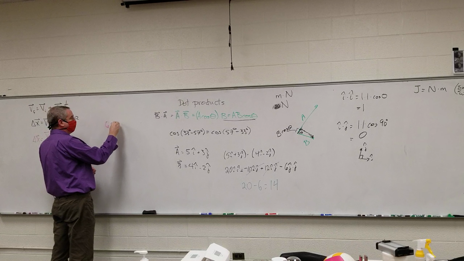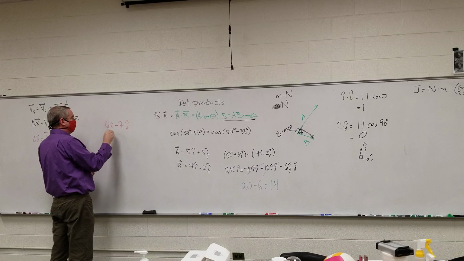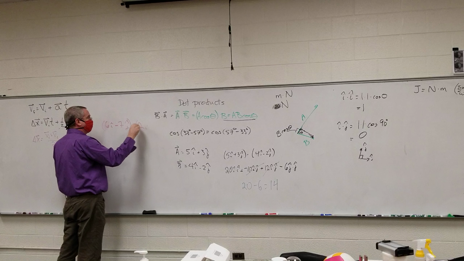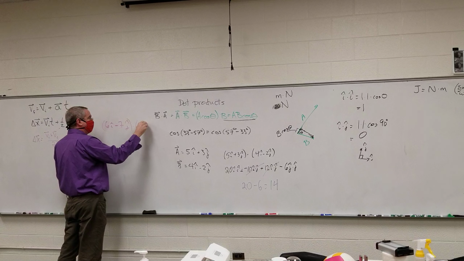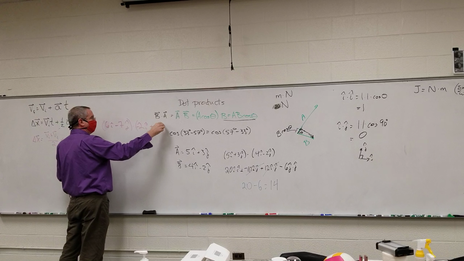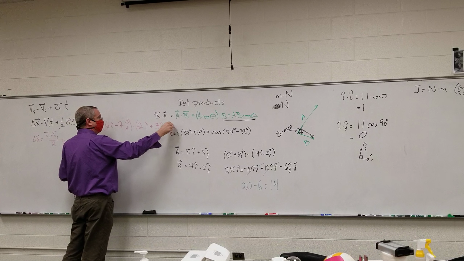6 i hat minus 7 j hat, dot product, negative 2 i hat plus 3 j hat minus 4 k hat.